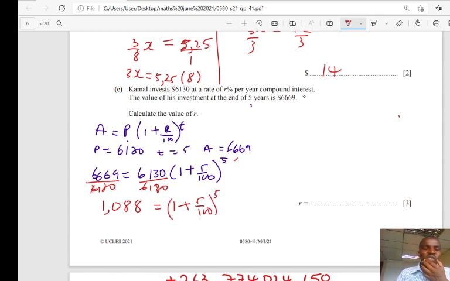Now, we want to get rid of the power 5, right? Remember, if it was a 2, to remove the x squared, you put the square root. To remove x cubed, you put the cube root. If it's 5, you have to put the fifth root. So put fifth root both sides.